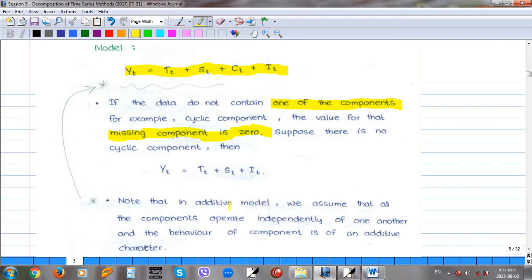Note that in the additive model we assume all the components operate independently of one another, and the behavior of the components is of an additive character. So these are the properties of the additive model.